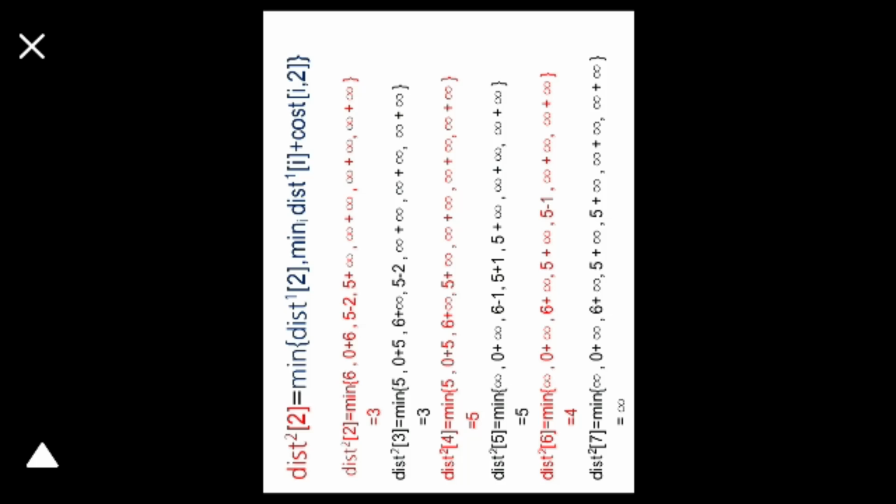So now in this way we have to find distance from source to all other vertices like vertex 2, vertex 3, vertex 4, 5, 6, 7 with 2 edges.